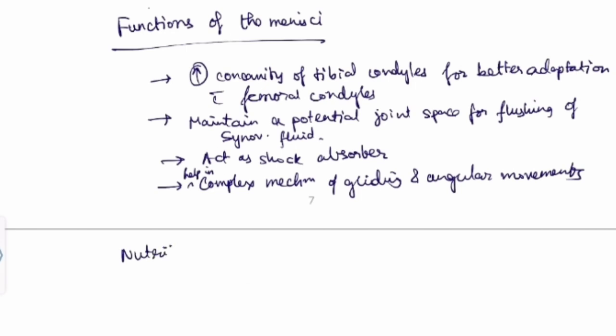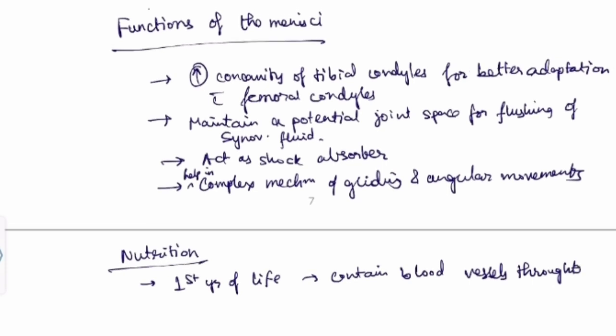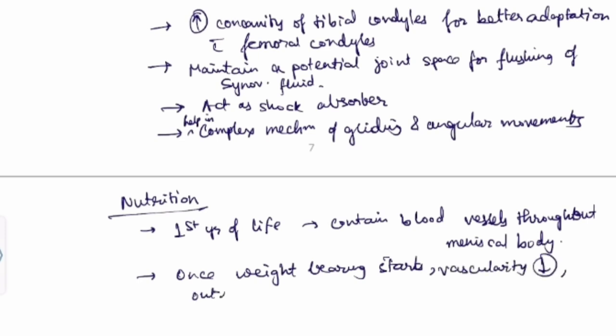Nutrition of the menisci. In the first year of life, menisci contain blood vessels throughout the meniscal body. Once weight bearing starts, once the child starts to stand, vascularity decreases, but it remains only in the outer 25 to 33%.